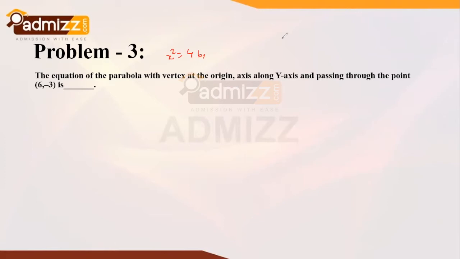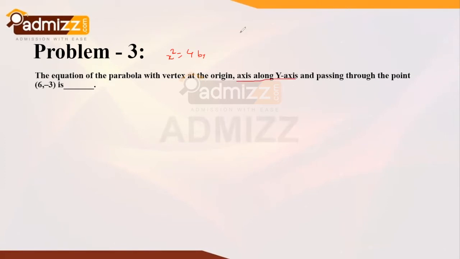We are not sure at this moment whether it is positive 4by or negative 4by, but we will obtain this on a later stage. But at present we are pretty sure that we need to take a look at this particular expression rather than y² = 4ax. How have we concluded this? By the condition offered to us, that the axis is along the y-axis.